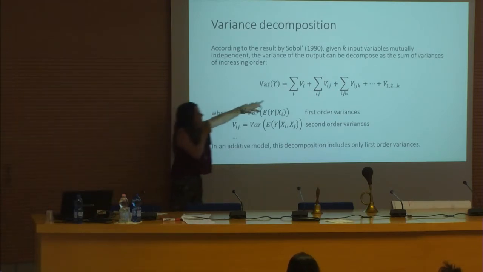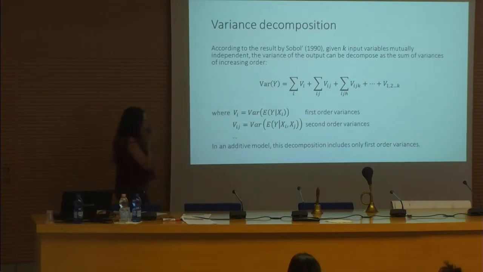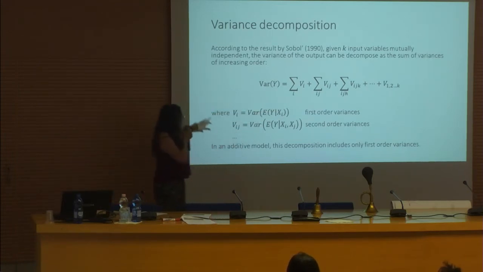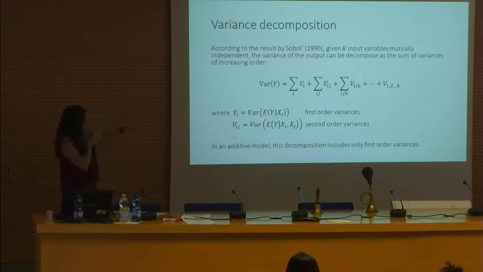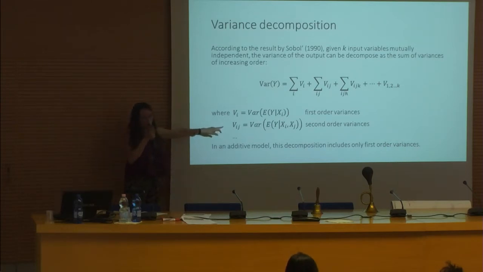For example, these first terms, the Vi terms, are first order variances that depend only on one input, and the input is xi. So the first order variance is the variance of the conditional expected values of y given xi. The second order variances depend on two inputs, and so on.